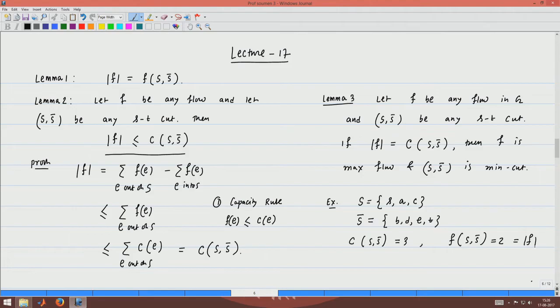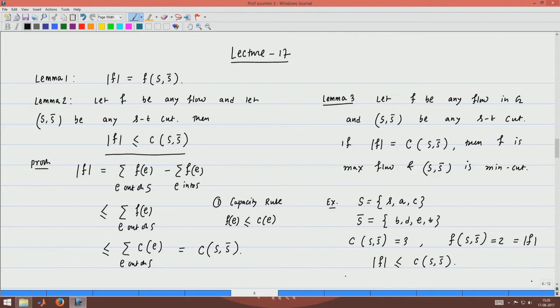So, you can see that this is true: the flow value is less than or equal to the capacity of the cut (S, S complement).